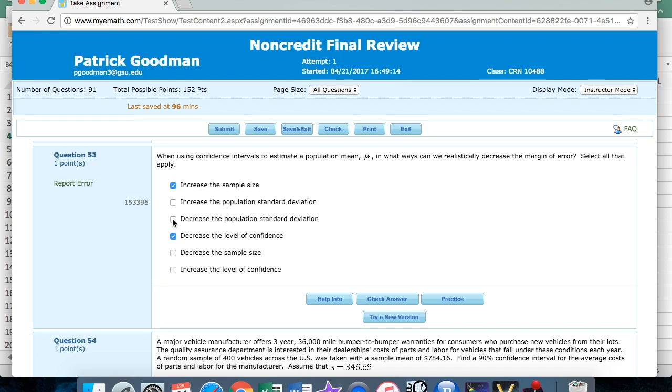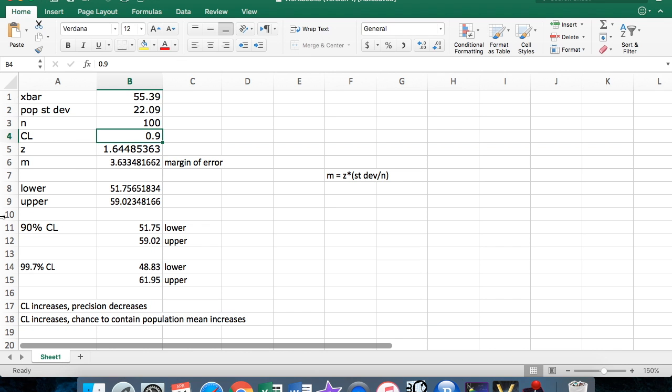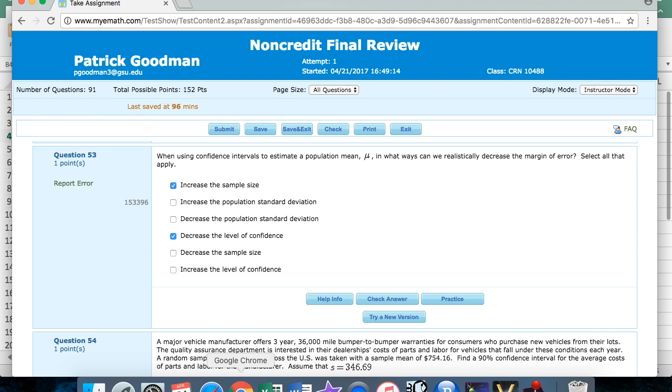Okay, and I believe that these are the only two, because you can't really decrease a population standard deviation. Yes, it would help, but your population standard deviation is a parameter. It's a set value for your population. So you can't decrease it unless you are studying individuals and you go out and destroy them. Like, hey, I have 3 million humans and this is their population standard deviation. Oh, that's not good.